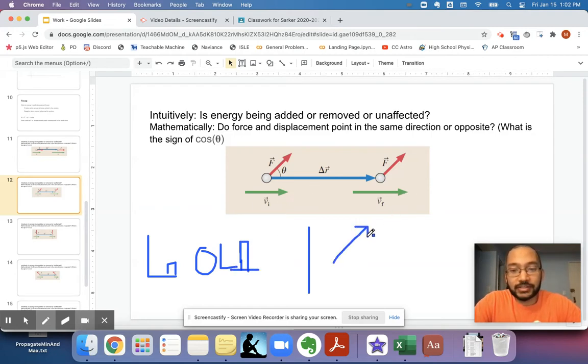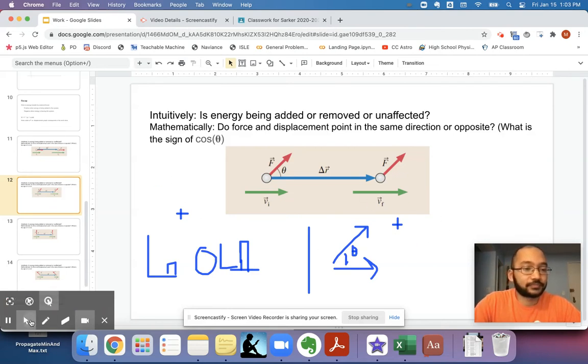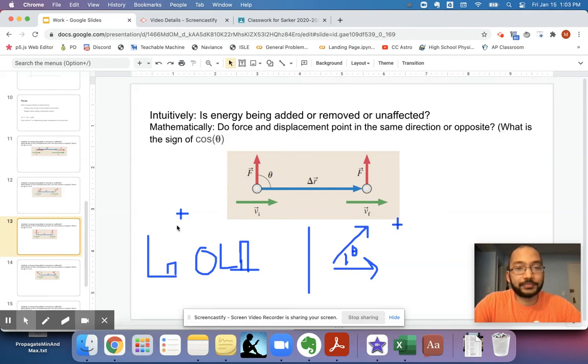Mathematically, we have force and displacement, and the angle between them is this. Cosine of, let's say, 45 degrees is still positive. So there's some component of the force acting in the direction of motion, causing this thing to speed up. So both of these things agree. The work here is positive. Energy is being added. Here, cosine of theta is still positive.